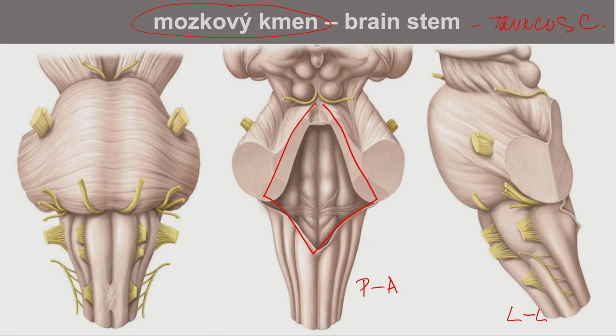It's, in fact, the fourth ventricle, and the rhomboid fossa is the bottom or floor of it. And here we can see the structures which are called cerebellar peduncles.